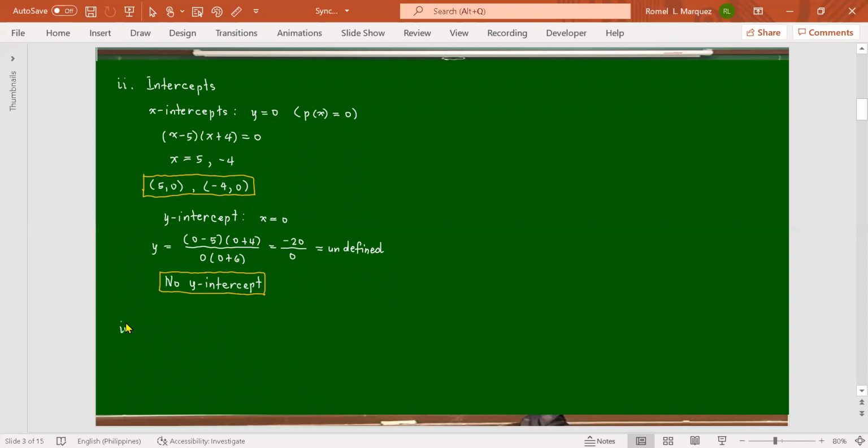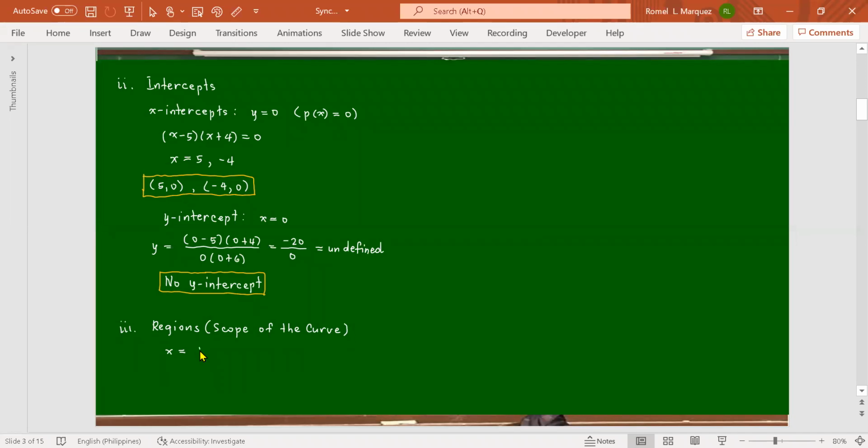Third general step: we now have the regions, or this is about the scope of the curve. Scope meaning where does the curve lie? Is it above the x-axis or below the x-axis? To get the regions, we're going to get the x values of the x-intercepts and the vertical asymptotes.